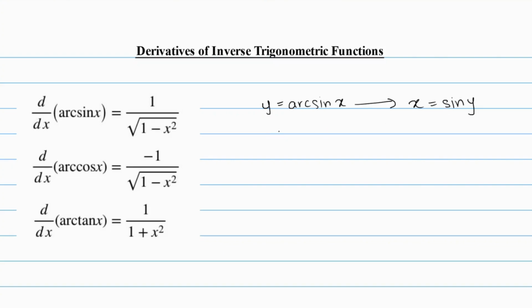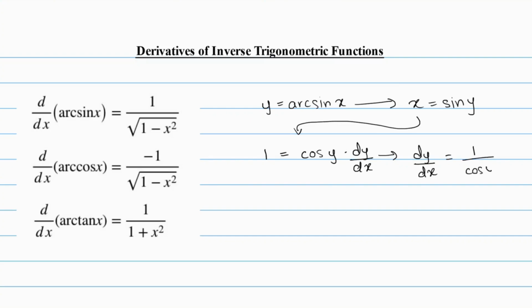Getting the derivative with respect to x on both sides, 1 equals cos y dy by dx, and by subjecting dy by dx we get dy by dx equals 1 over cos y.